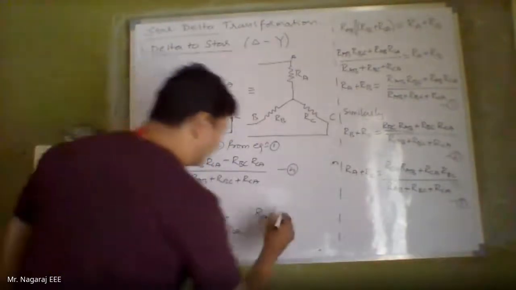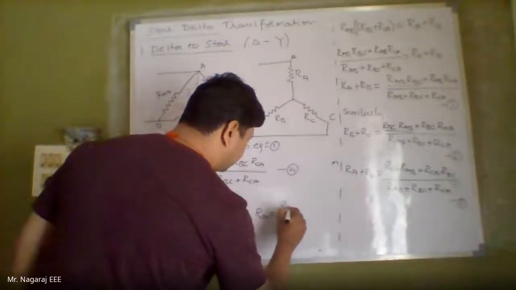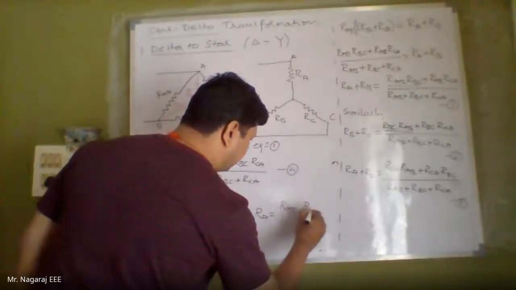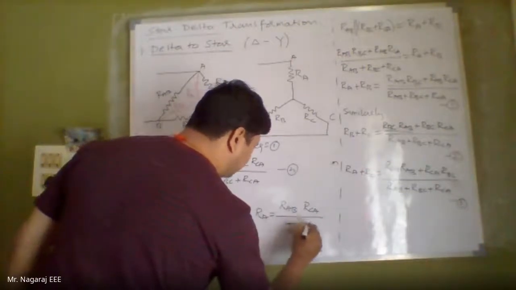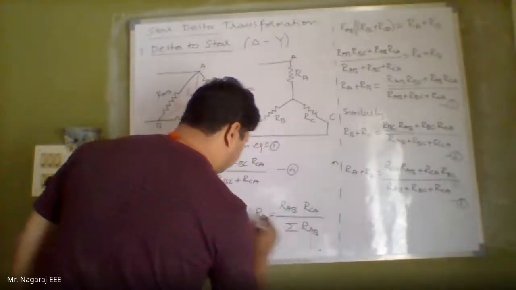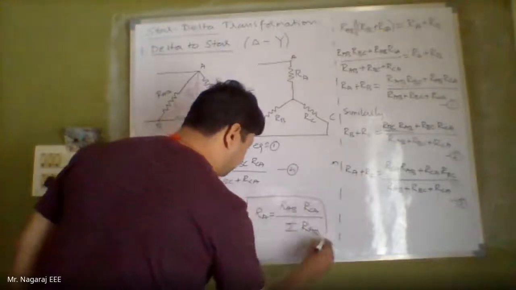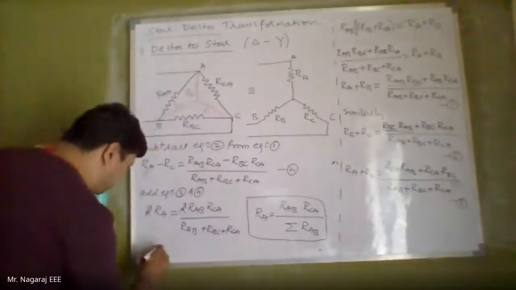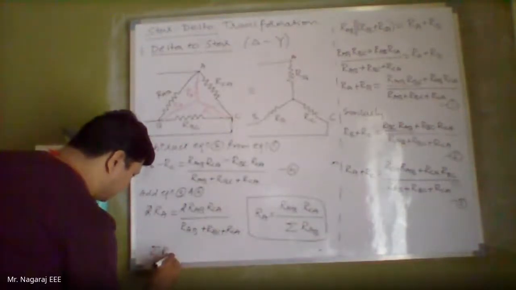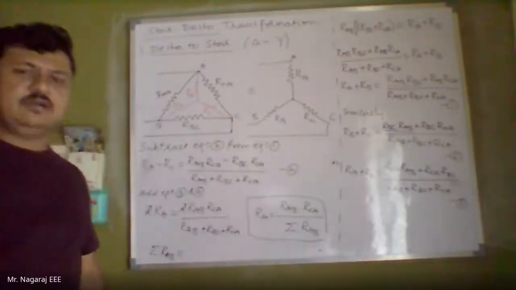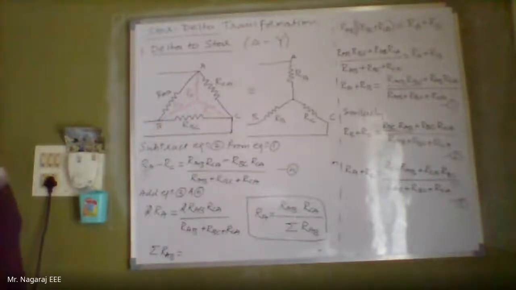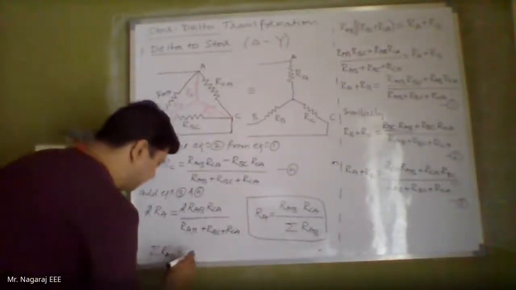RA is equal to RAB into RCA divided by summation RAB, where summation RAB has no mathematical significance. It is for easy representation in the equation.